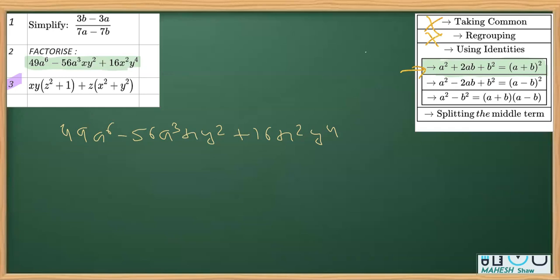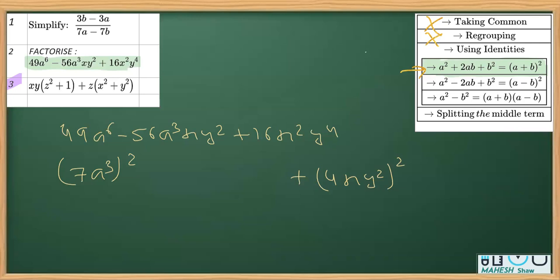Now we need to see 49 a raised to the power 6. I have to make this a square term. So clearly this can be written as (7a cube) square. Now looking for the second square term, this is 16. So we know that 16 is 4 square, and we need x square, so that is x, and y raised to the power 4 can be written as (y square) whole square.